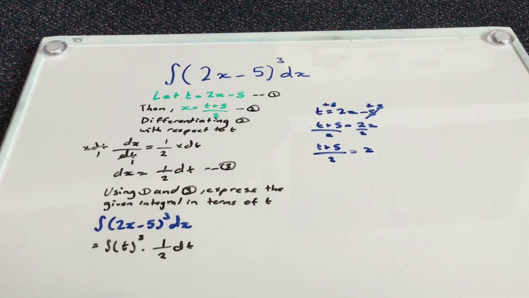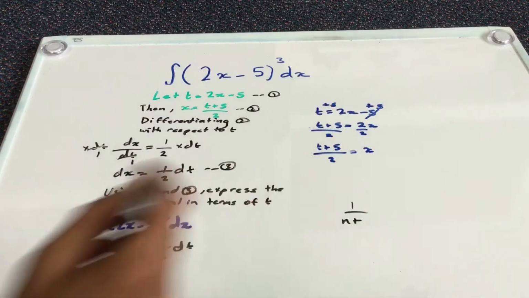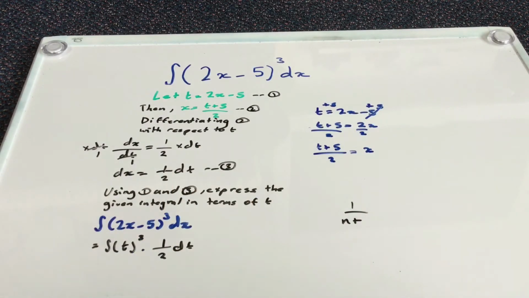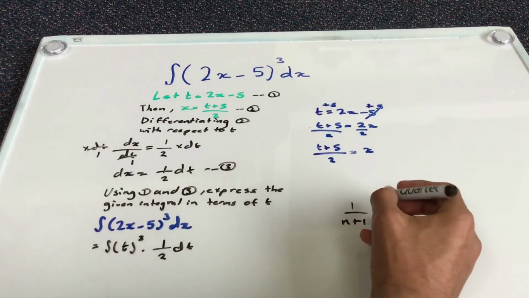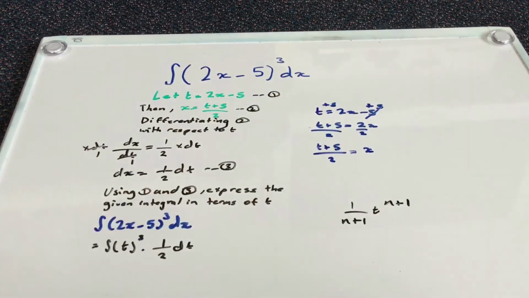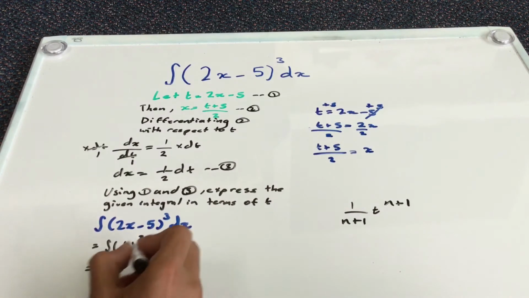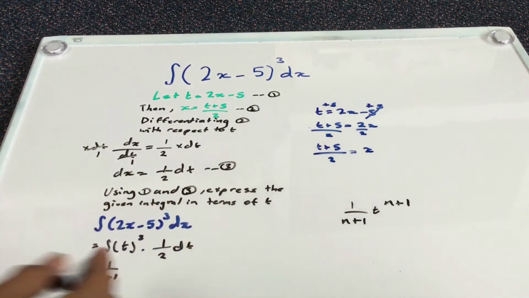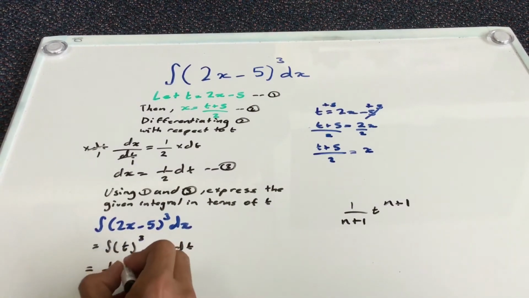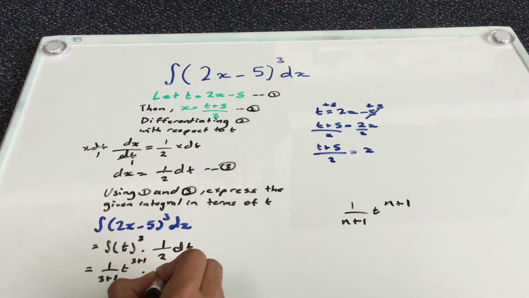Okay, so we get to this stage, so we have to integrate. If you don't already know how to integrate, we're going to use this formula, the integral of t to the n is 1 over (n plus 1) times t to the (n plus 1). Using this formula, n is our number 3, our index or exponent, whatever you call it, so t to the power of 3 plus 1, and then times half dt.